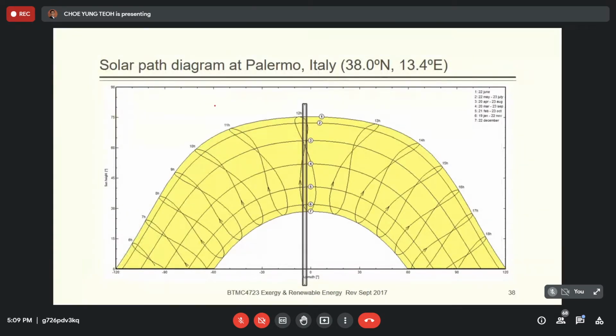So it means that the azimuth angle in April should be around -3 degrees. Okay, and then on the 23rd of August, it should be around -5 degrees. Can you follow? Okay, I hope it is okay for everyone.